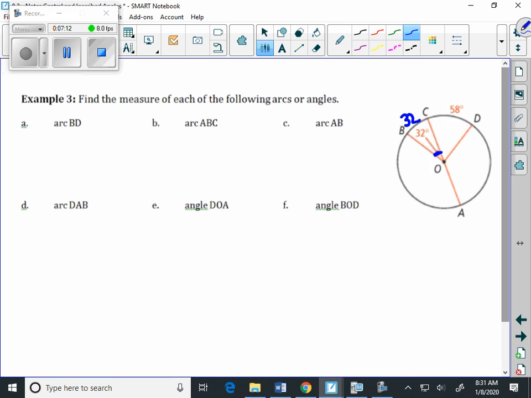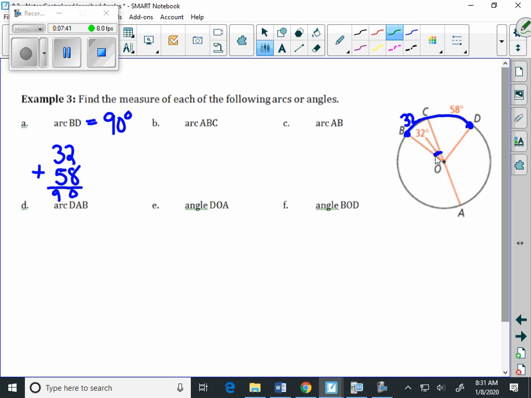But ultimately what we're trying to figure out is arc BD, so we need to find the measure from here to here. Now that we know both of those arcs, we can take 32 plus 58, and when we add those two together, we get 90. So arc BD is 90 degrees.